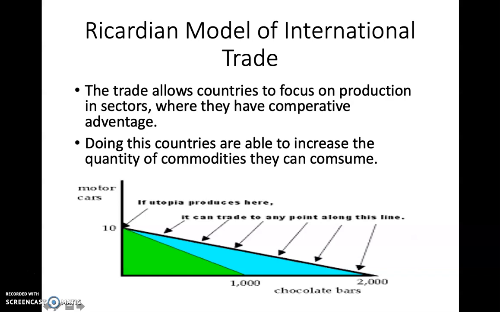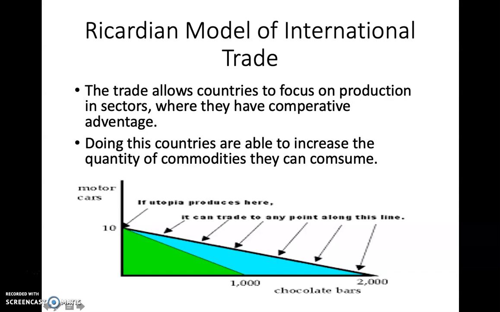If USA is relatively more productive in, let's say, producing chocolate bars, when they concentrate on producing chocolate bars, let's say, they can produce 2,000 chocolate bars instead of 1,000.